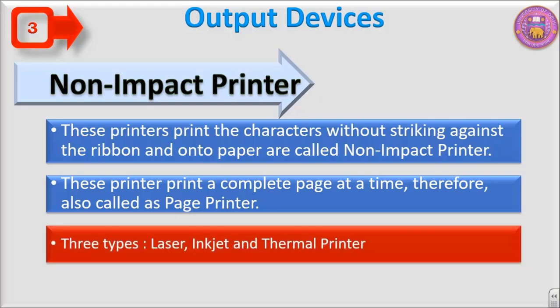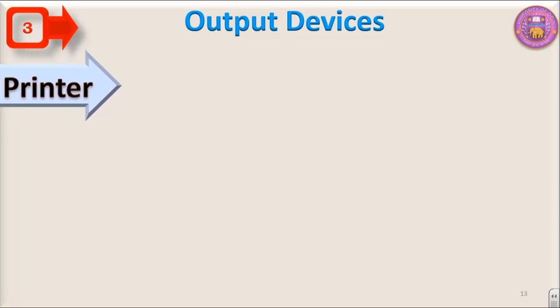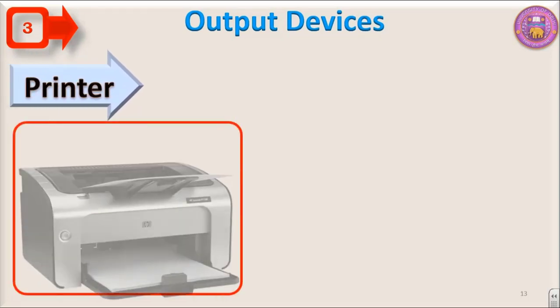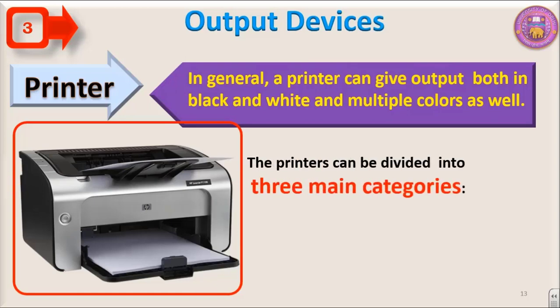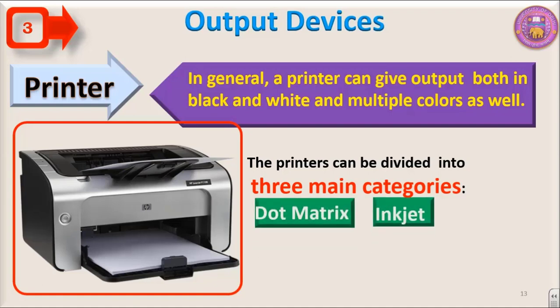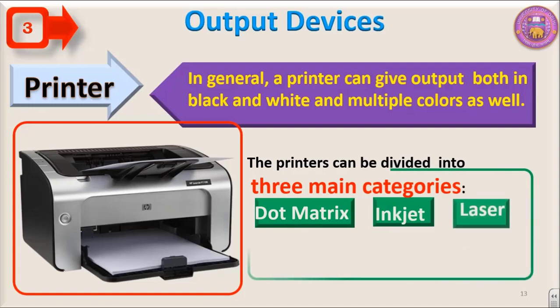One is laser printer, inkjet printer, and thermal printer. Printer. In general, a printer can give output both in black and white and multiple colors as well. The printers can be divided into three main categories: dot matrix printer, inkjet printer, and laser printers.